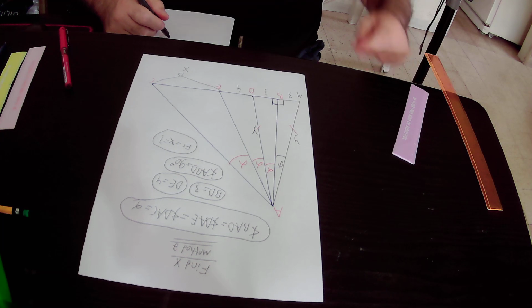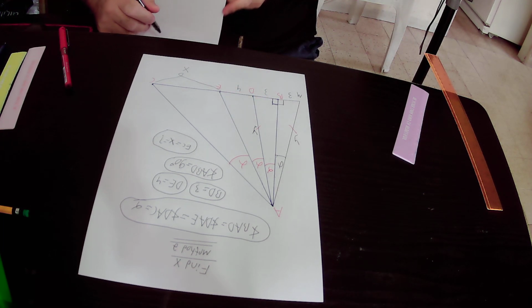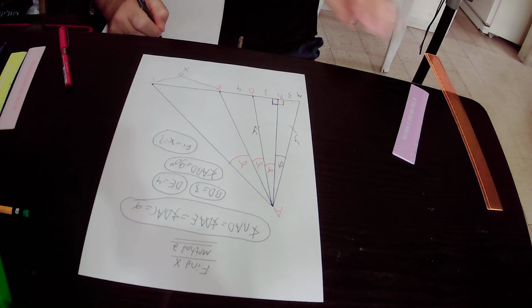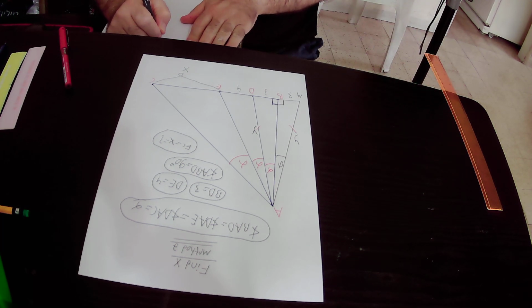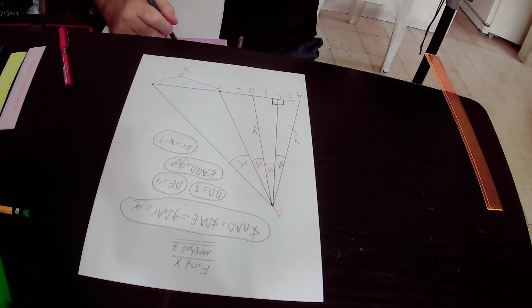So in the next step we will focus on triangle ADC. In triangle ADC, we know that AE is angle bisector.